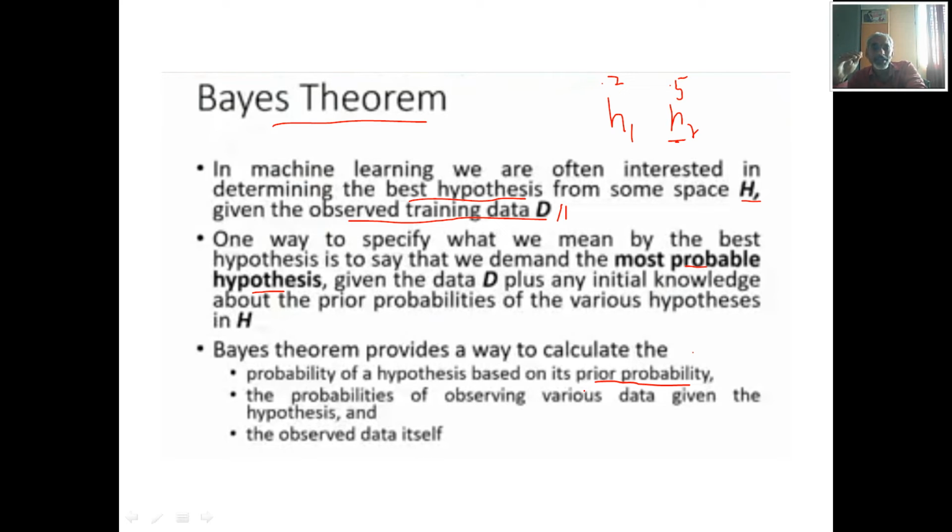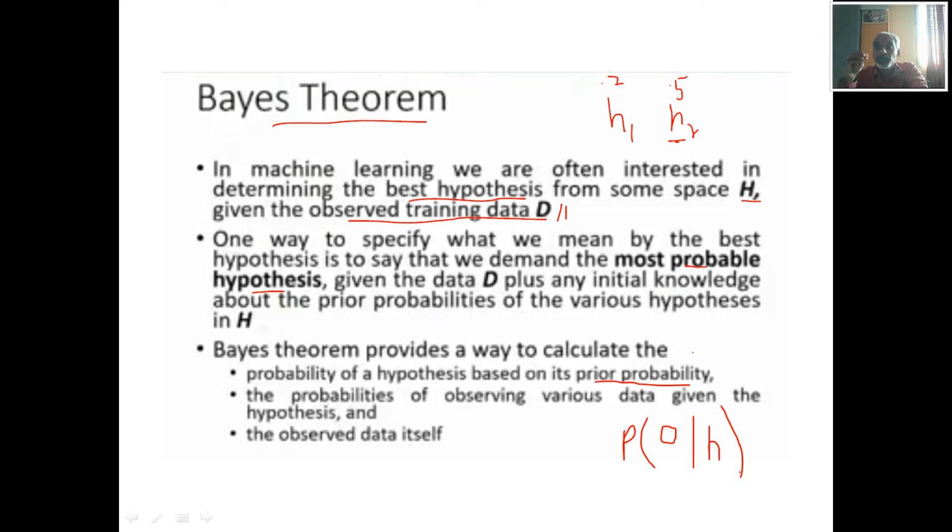The second thing is the probability of observing various data given the hypothesis. Now you try to observe some data given this particular hypothesis.